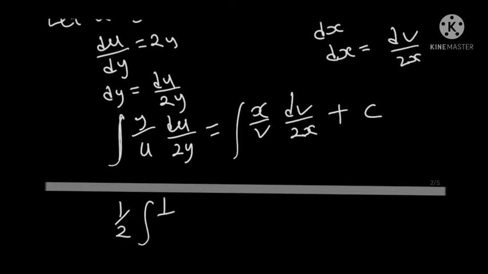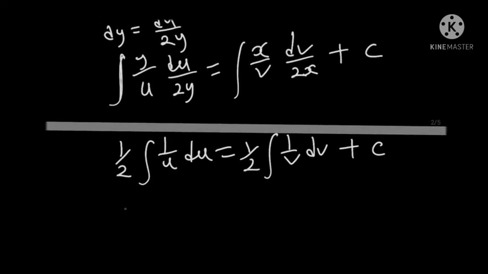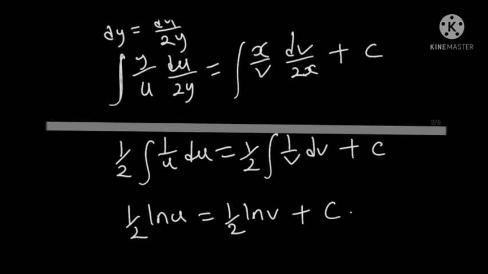The integral of 1 over u du equals, x and x will cancel, we can pull out a half, the integral of 1 over v dv plus the constant of integration. So this will be a half. The integral of 1 over u is ln u, equals a half. The integral of 1 over v is ln v, plus, of course, the constant of integration.